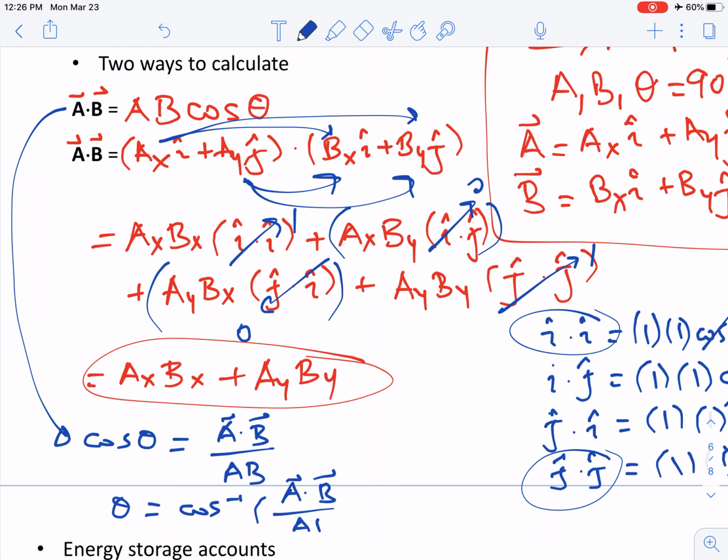So now assume that the vectors are given in unit vector notation. So you can also write what a dot b is, which would be in this form if it is two-dimensional, right? This part. And a times b are the magnitudes of a and b. You can also find them if the components are given using the Pythagorean theorem. And then you can find what that parentheses is, the entire parentheses, and then take the inverse cosine to find the angle. Okay, so that's another algebra that we need to get comfortable with.